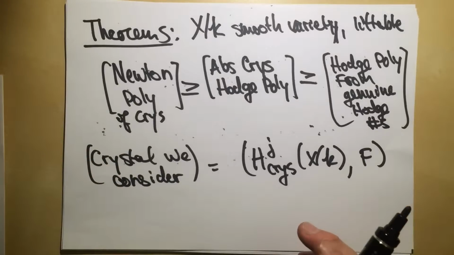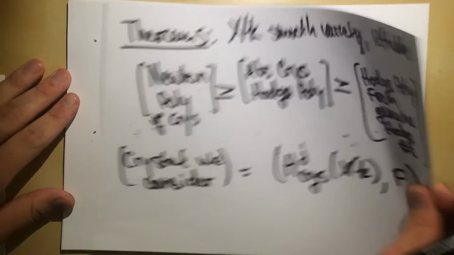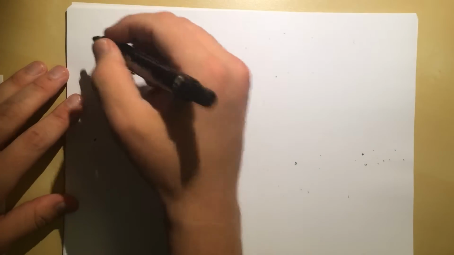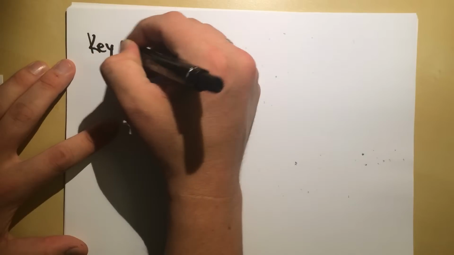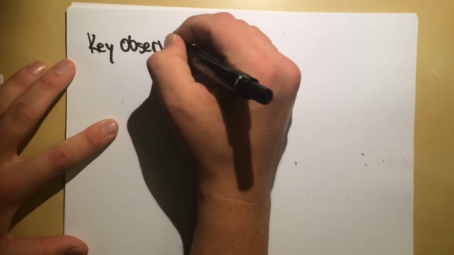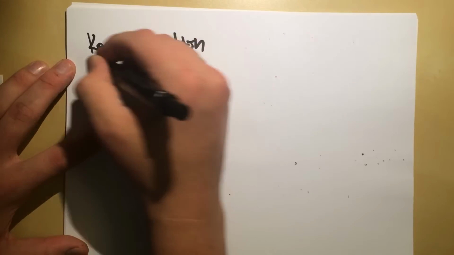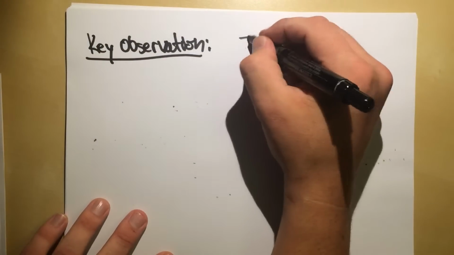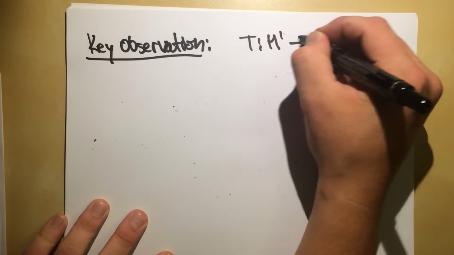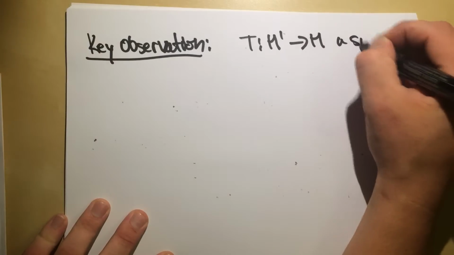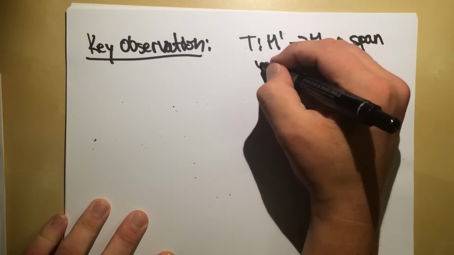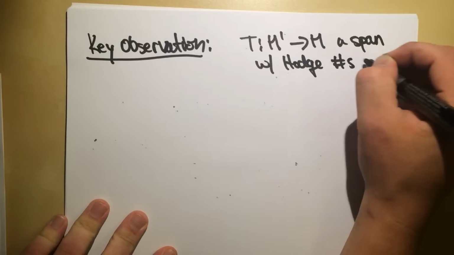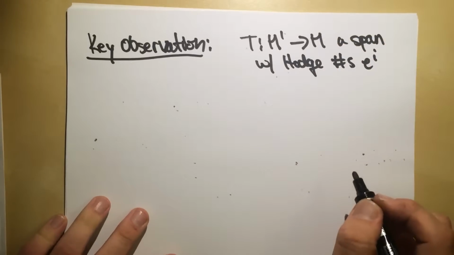So here's the key observation. This is what's going to get things moving. Suppose we have a crystal, or let's say a span, with Hodge numbers e_i.